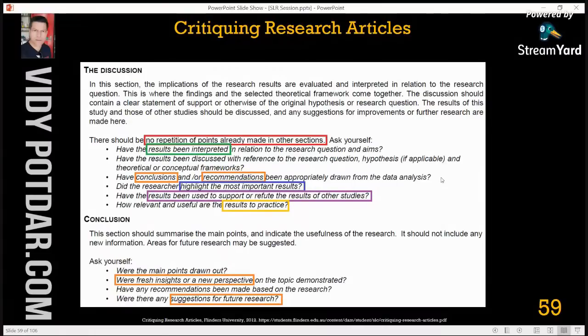One thing that is probably coming to your mind right now is, if I'm going to write a systematic literature review, I have seen a lot of papers where, if they're selecting a large number of papers in the systematic review, you can only write very limited information for each paper. So the critique for each paper has to be very concise and to the point.